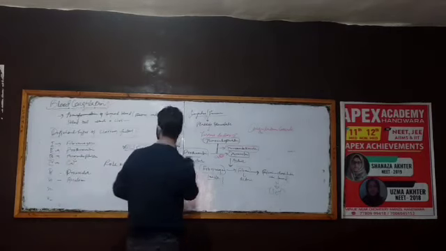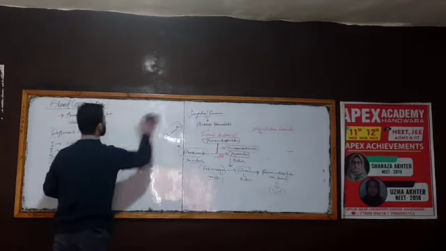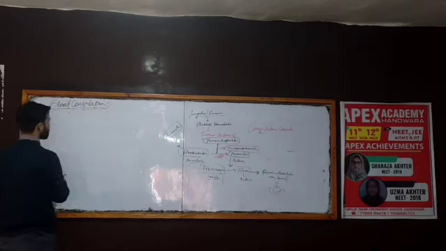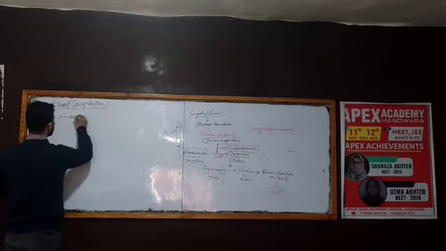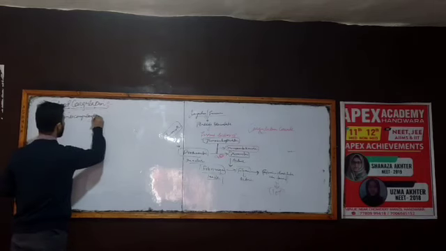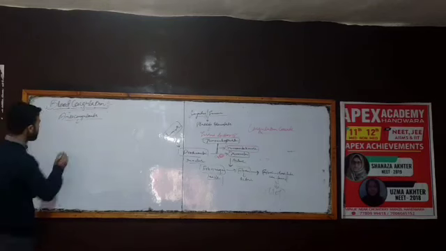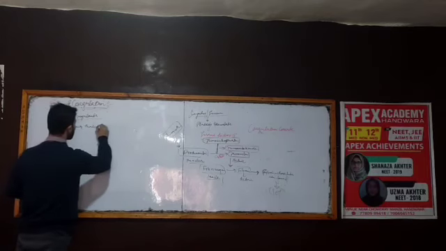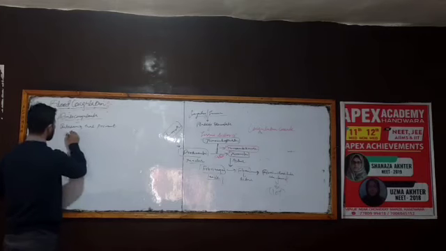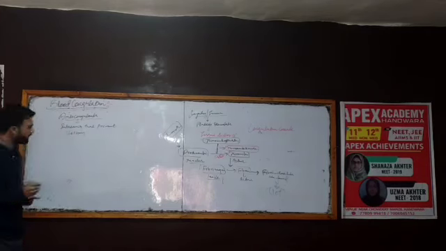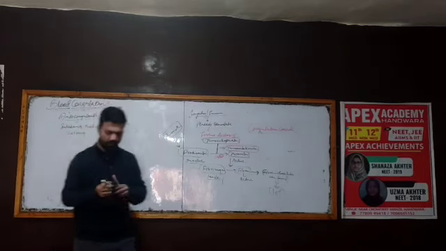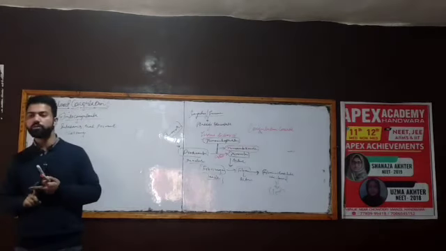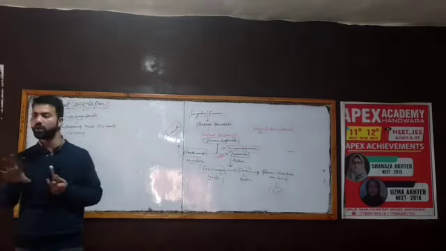So, what are anticoagulants? Anticoagulants are substances that prevent clotting. These anticoagulants are the substances which do not allow clotting; they block the clotting.